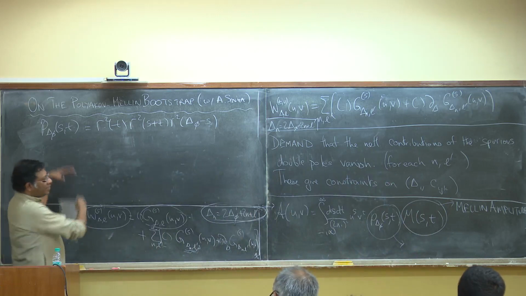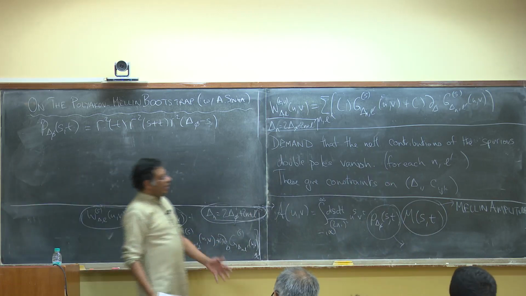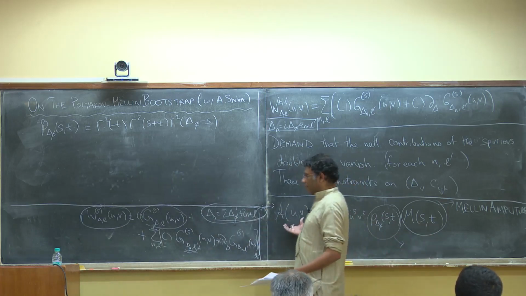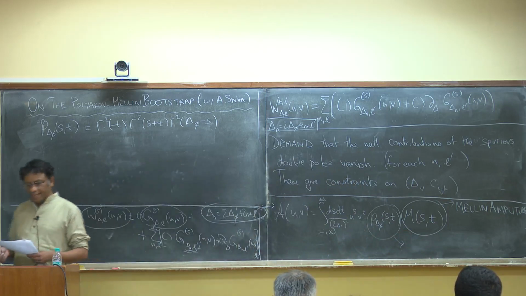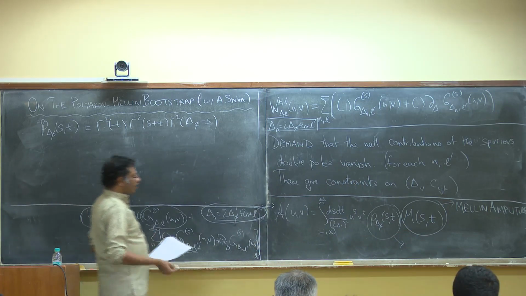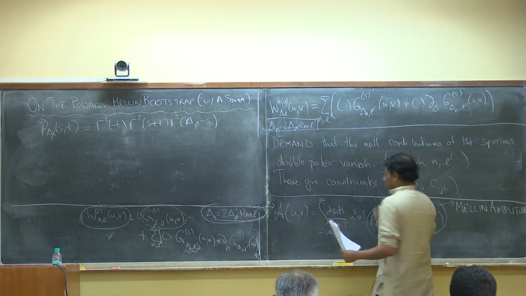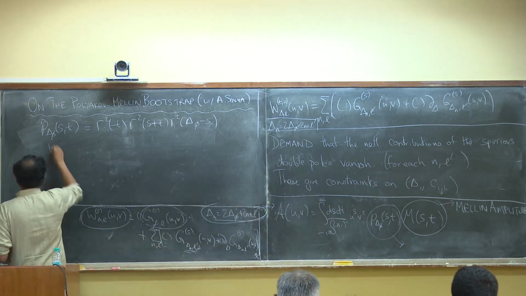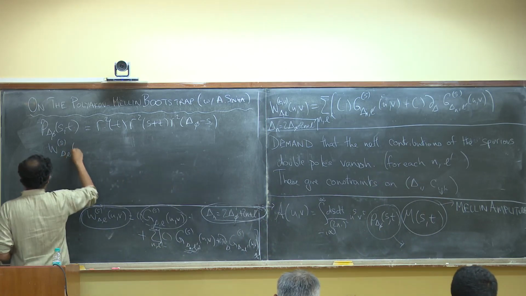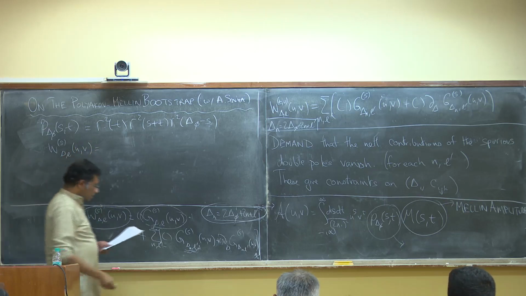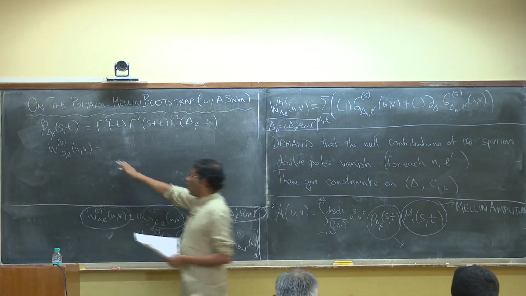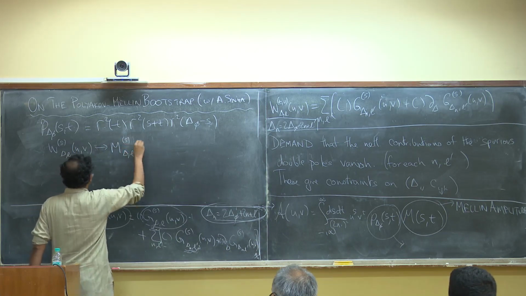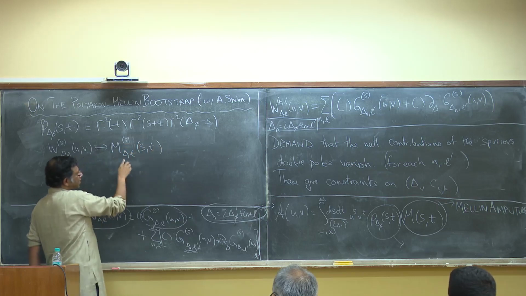We'll translate everything that I said now into constraints on M of s, t. Instead of talking of constraints on A of u, v, we can translate everything in terms of this. It just requires you to write down the Mellin transforms of each of these ingredients here. So the Witten diagrams, I'll call them M delta L of s, t.